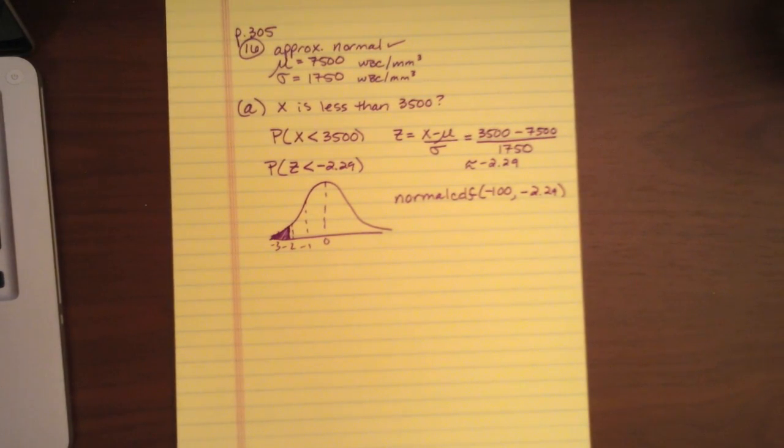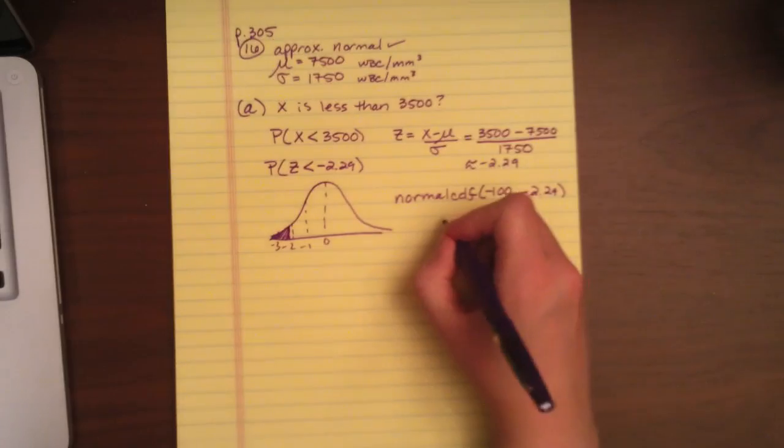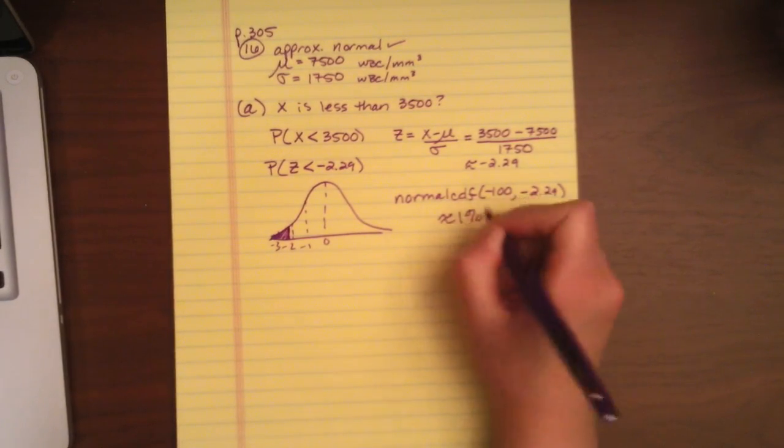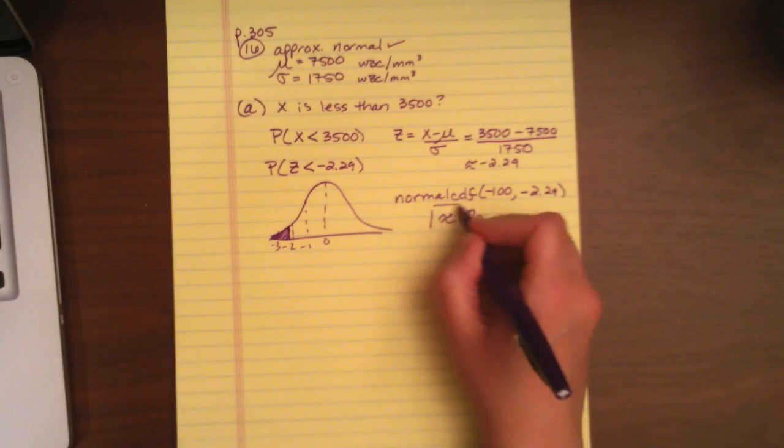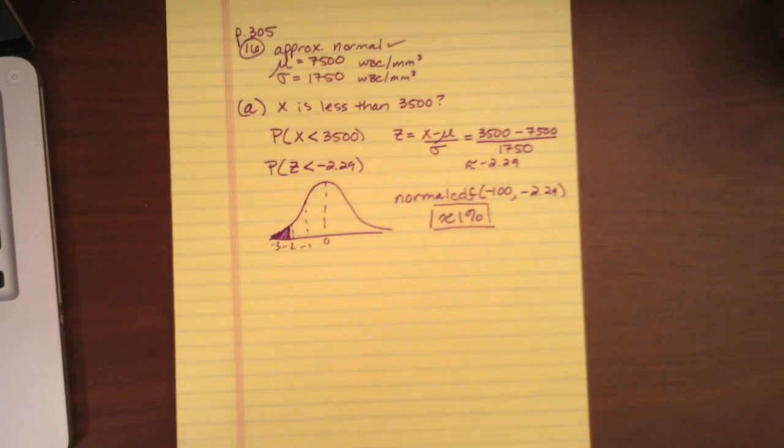And when we run that through, negative 2.29, close out the parenthesis, we get a value of about 0.01 or about 1%, which the book keeps 4 decimal places, so they keep 0.0110. Okay, but there's our tiny probability that we were expecting.